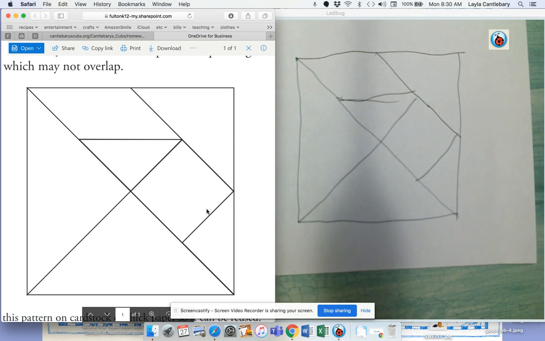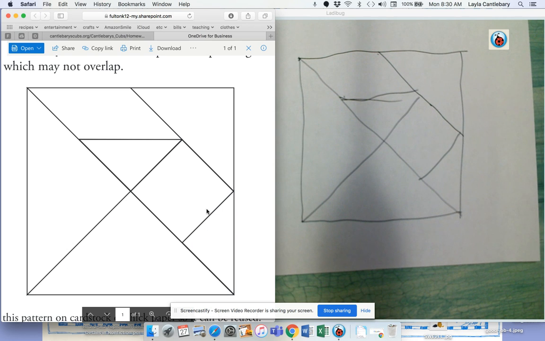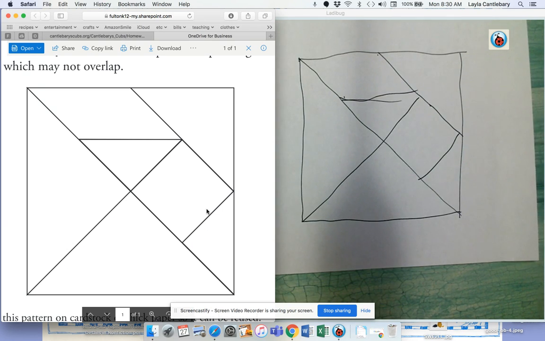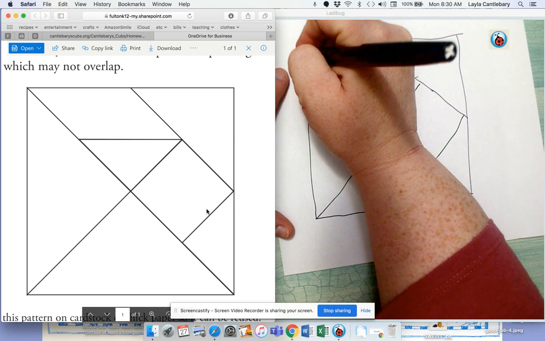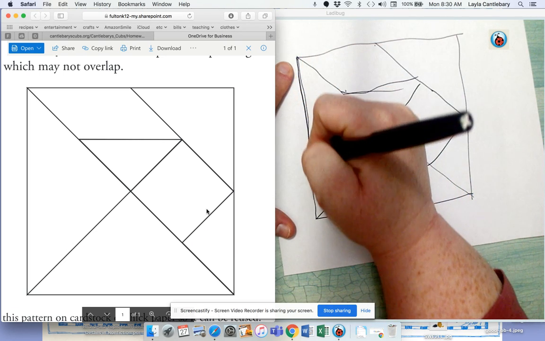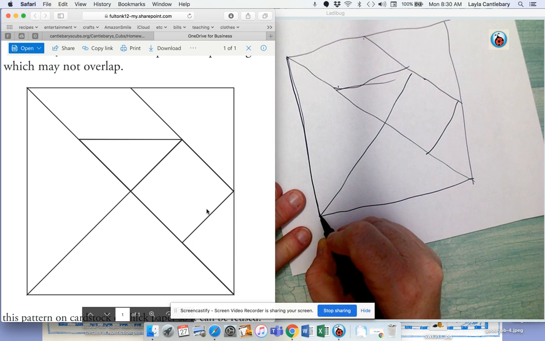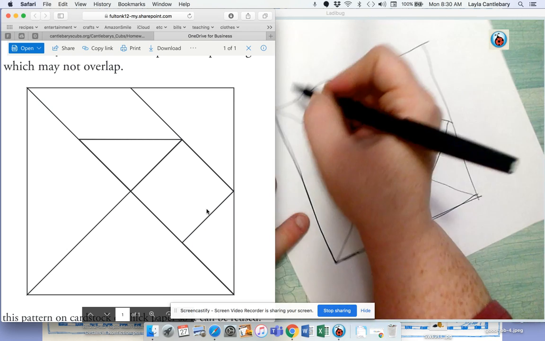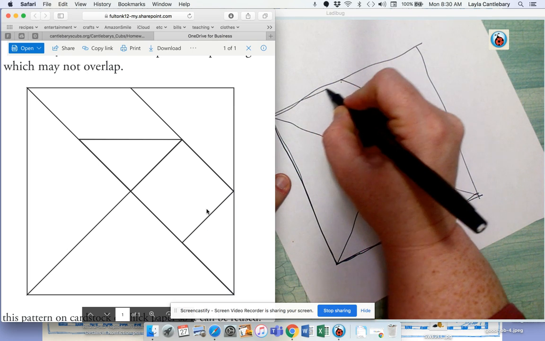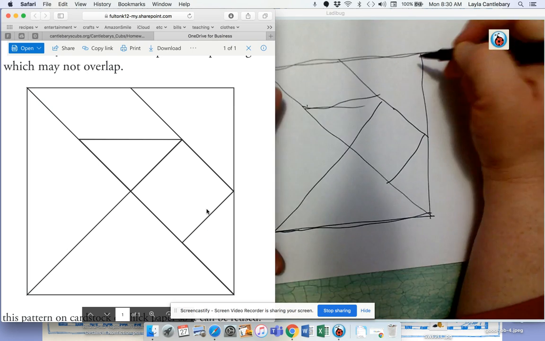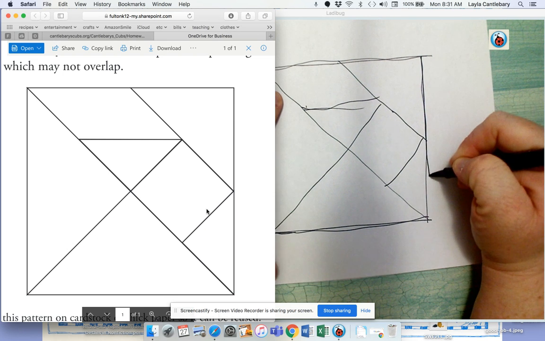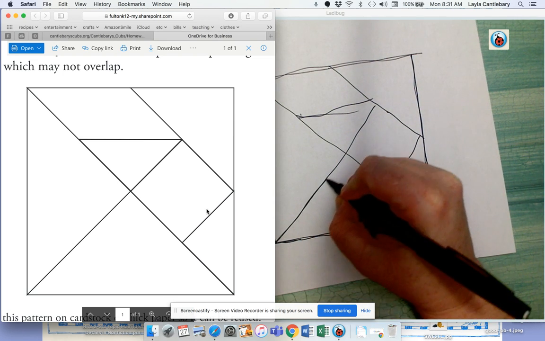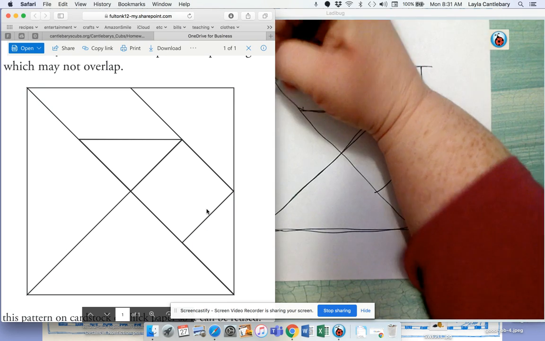There's a very wonky version that I traced, which I can then take a ruler to and make a straighter line, or even just look at it and make it straighter. I would take my ruler, which I don't have here because I wasn't planning on giving you this advice, and make my lines much more linear, much straighter, because like I said, it really matters.